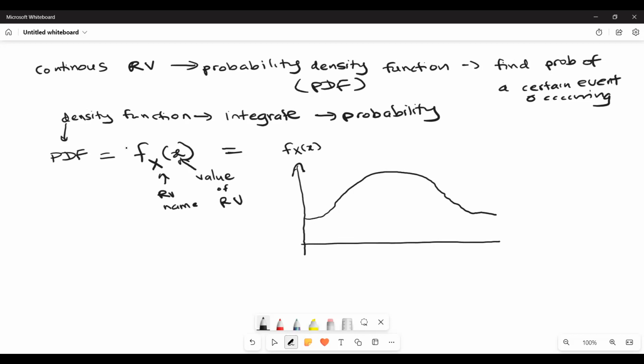And then we will have 2 points in the outcomes, and we want to know the probability of getting an outcome between these 2 points, between x1 and x2. Do you have any questions?